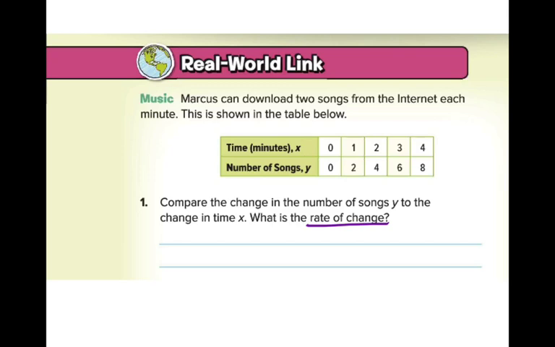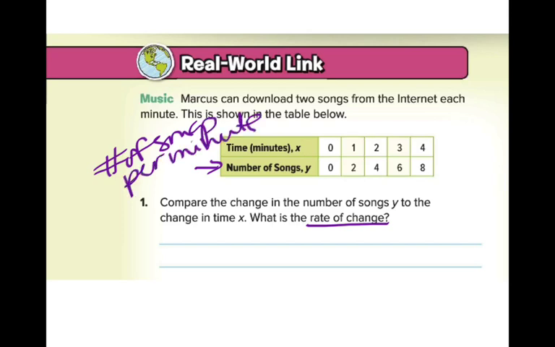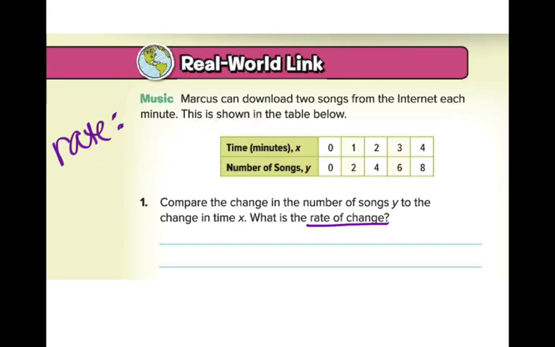That's a rate. So in this case, we have the number of songs per minute. Okay, so that's our rate. So write this down somewhere on your page. The rate is the number of songs per minute. Okay, let me make that a little more clear for you.